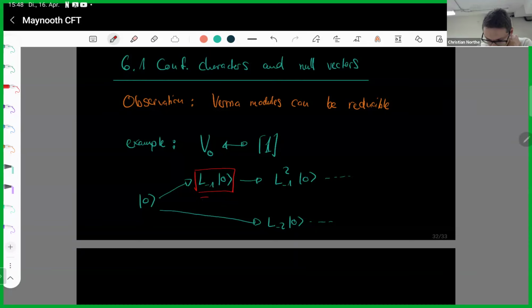That means that this guy is secretly 0. So it's not there. And in conclusion, nothing that is built on top of this guy is going to be present. So they're all gone.